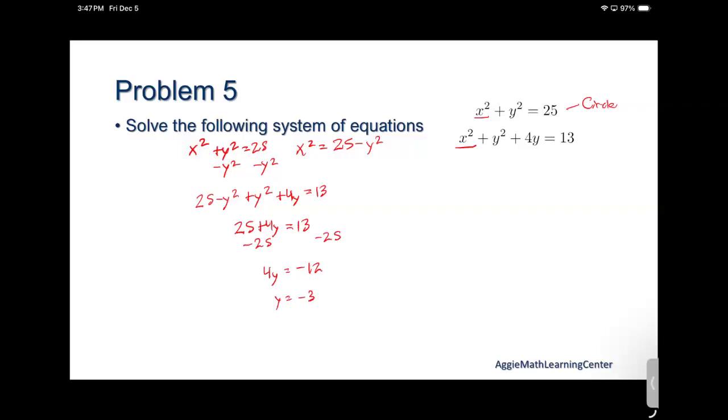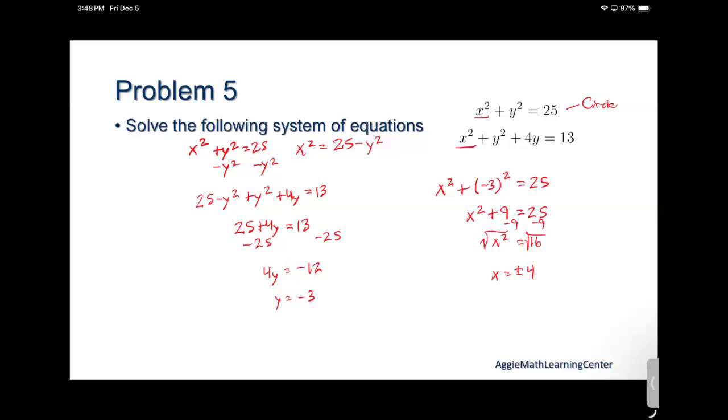I'll use the top equation. It's got fewer terms in it. So we have x squared plus y, which is our negative 3, squared, equals 25. So we have x squared plus 9 equals 25. And then x squared, if we subtract 9 from both sides, equals 16. We can take the square root of both sides, and that means x is equal to plus or minus 4.